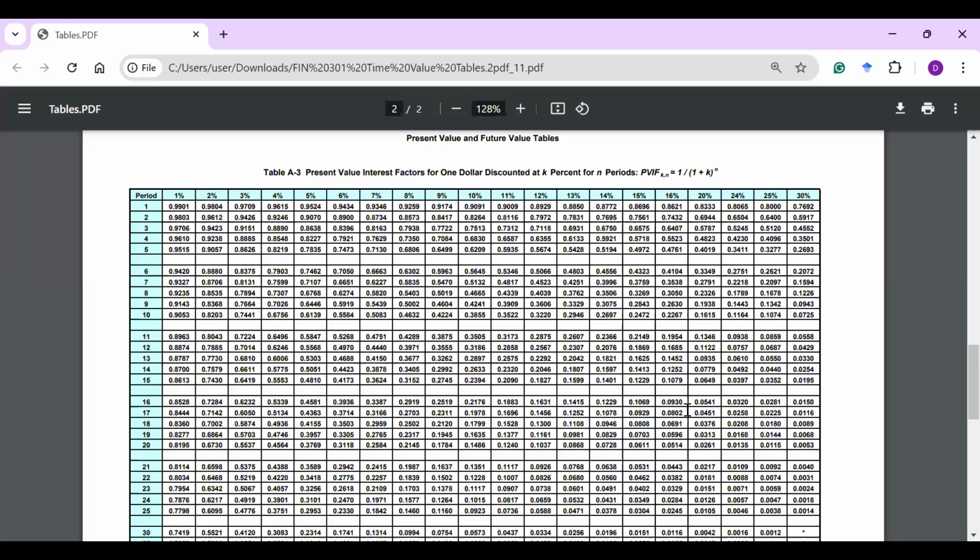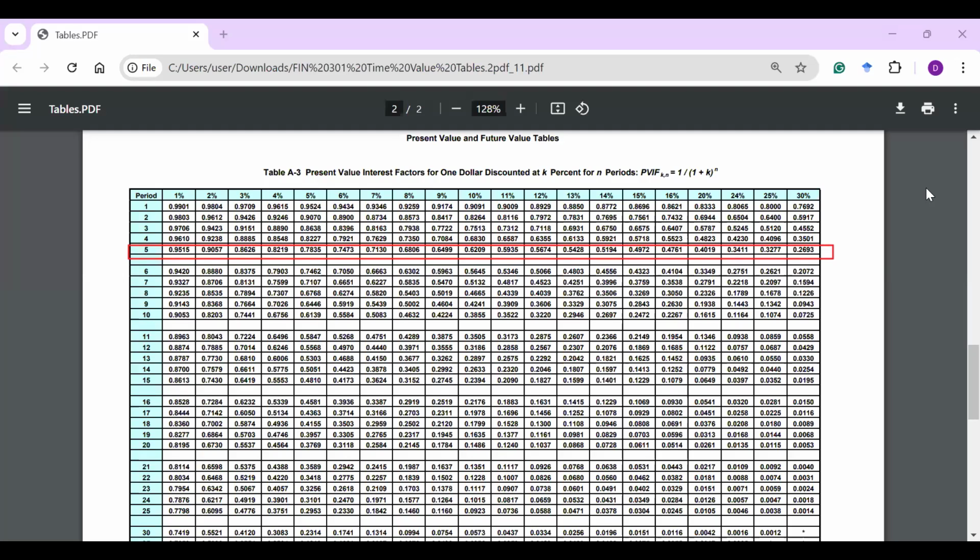Now you can see 3.35. So here we have 5 years. No, this is the present value table.